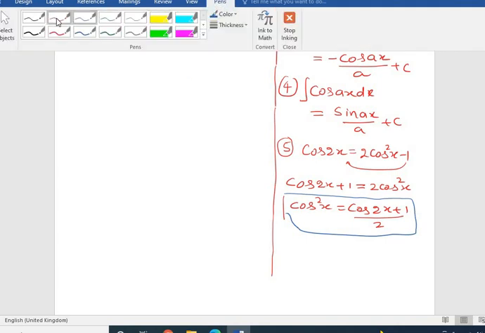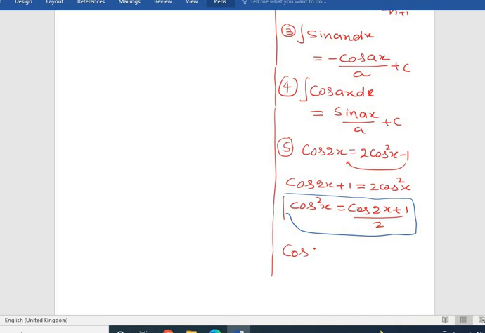Now, cosine 2x is also equal to 1 minus 2 sine square x. Because this is negative, if I rearrange, the minus becomes plus after moving the term. So 2 sine square x equals 1 minus cosine 2x.